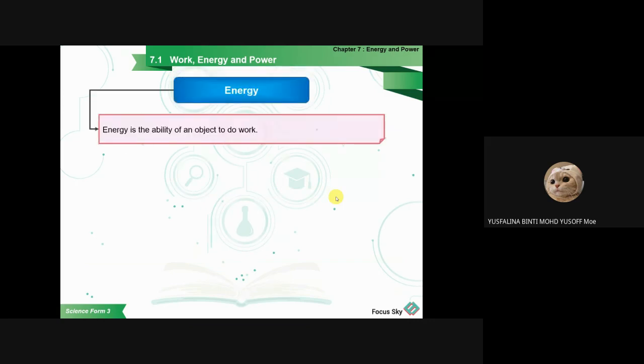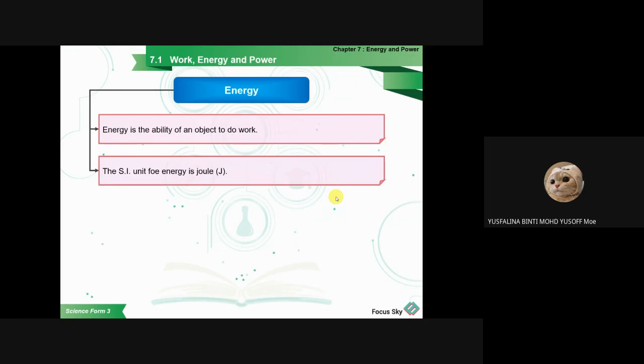Energy. Just now when we started our class, I already explained what energy actually is. Energy is the ability of an object to do work. If you have no energy, it means you cannot do work, right? The SI unit for energy is joule.